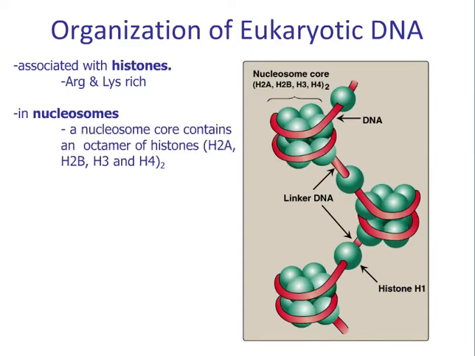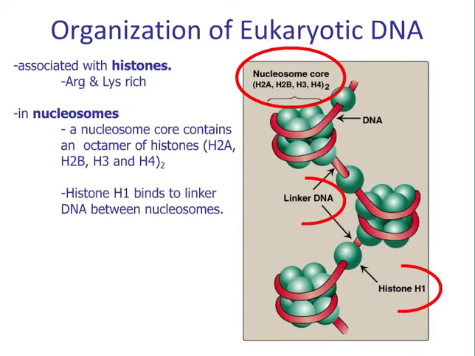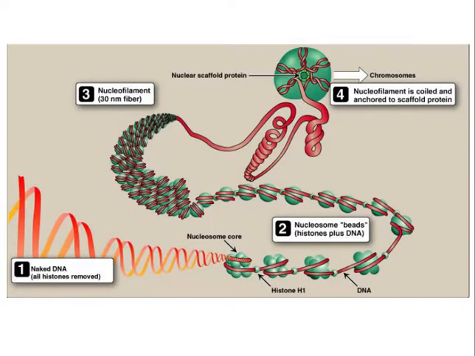An octamer of histones comprised of histone H2A, H2B, H3, and H4 comprise a nucleosome core around which the DNA is wrapped. The DNA between nucleosomes is referred to as linker DNA and is associated with a histone called H1.